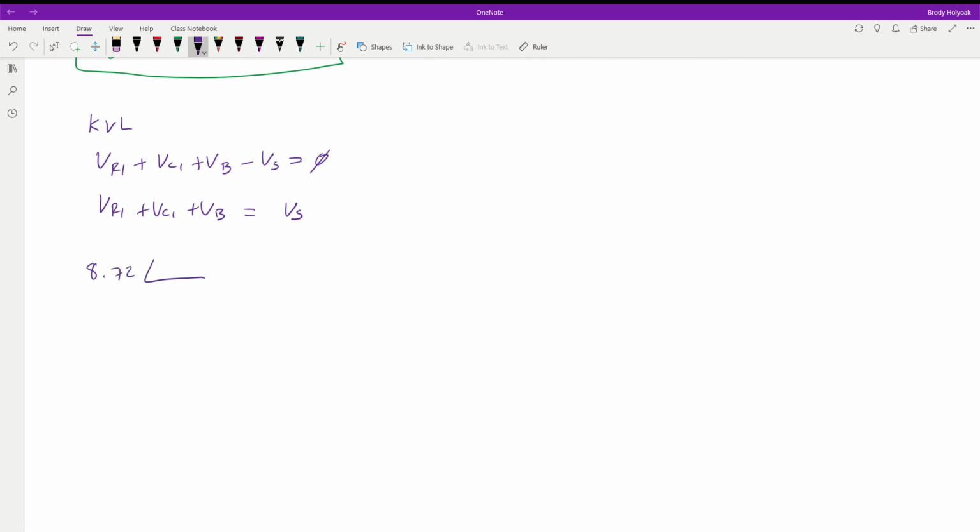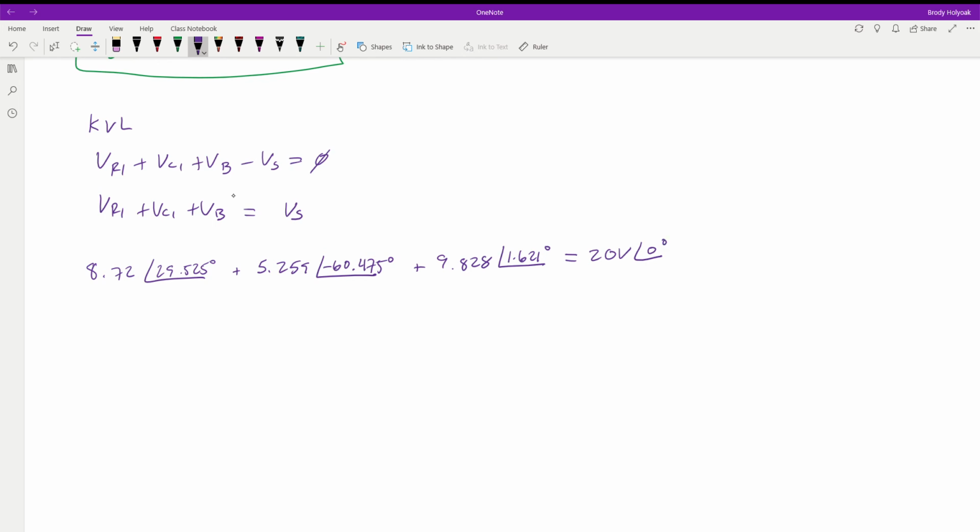So we end up with 8.72 at 29.525 degrees added to 5.259 at negative 60.475 degrees added to 9.828 at 1.621 degrees. That whole has to be equal to 20 volts at 0 degrees.